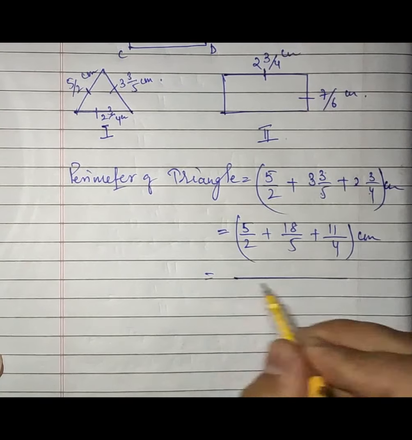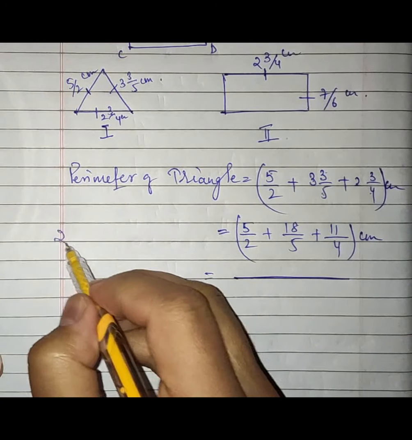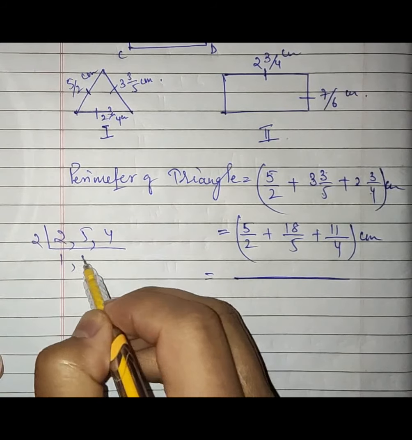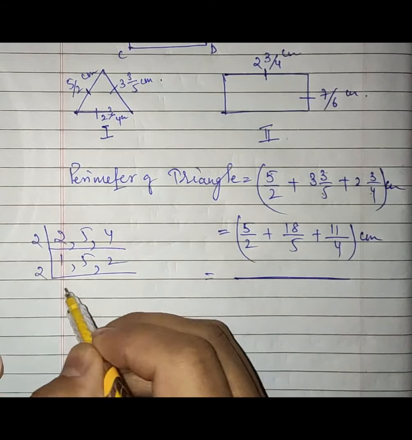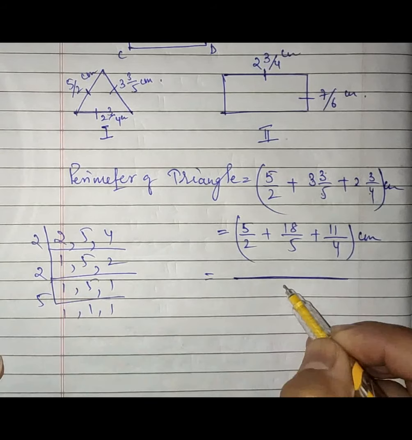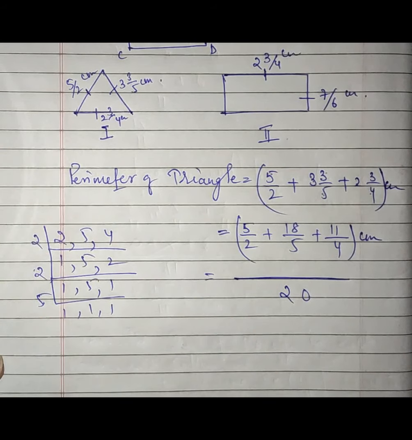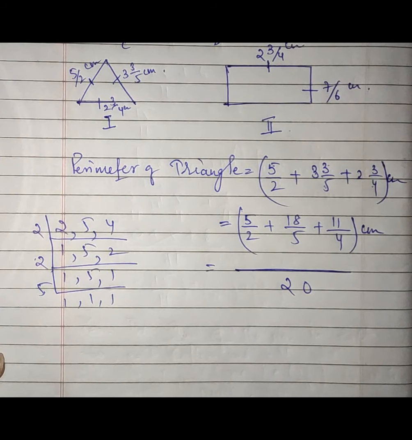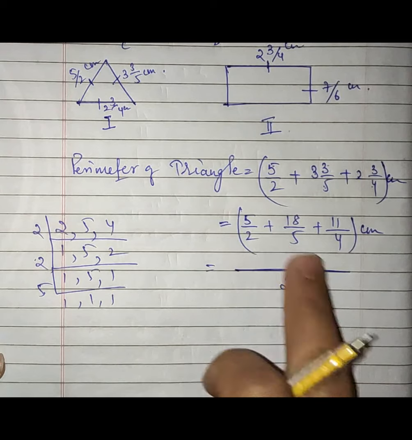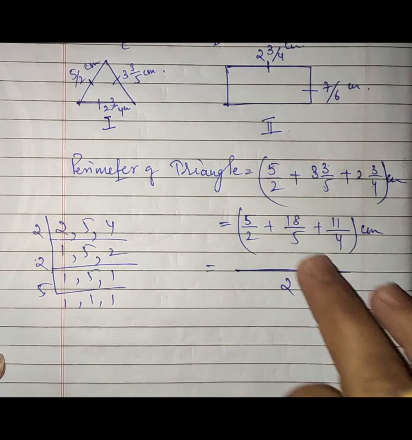So we have to take out the LCM of 2, 5 and 4 first. 2, 5, 4. It is 20. 2 4s are 8, 5 4s are 20, isn't it? So now what we have to do? Divide this 20 by 2.